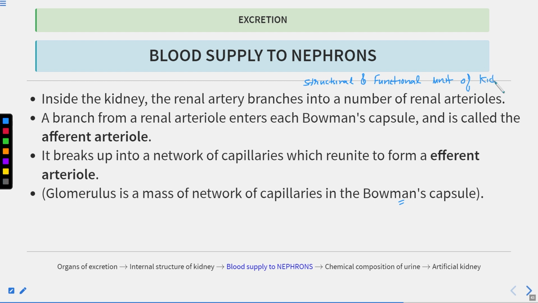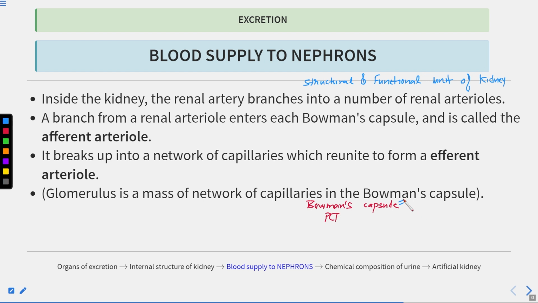The human kidney is made up of these nephrons, and the nephrons are involved in the filtration of the blood. What is the function? Filtration of the blood. The nephron consists of the Bowman's capsule, which leads to the proximal convoluted tubule, known as the PCT.